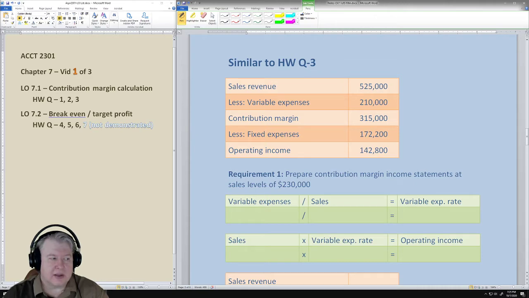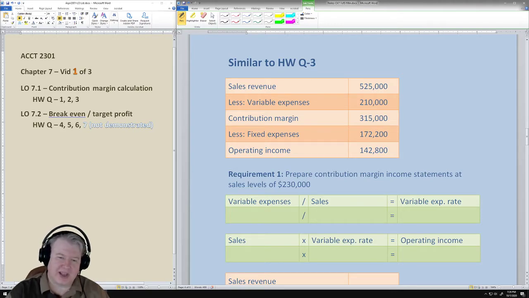Okay, so for the last question for learning objective number 1, we're just trying to get a sense of contribution margin and the 2 formulas, the unit contribution margin formula and the contribution margin ratio formula. Yes, we end up saying contribution margin a lot in these chapters. Okay, so notice here we're given a little bit of information.